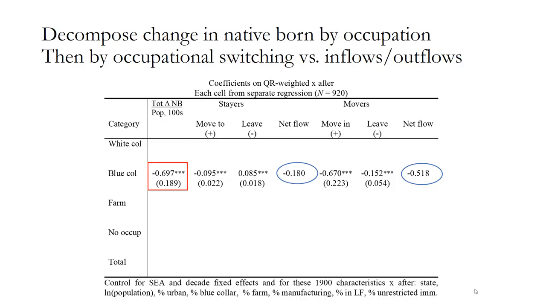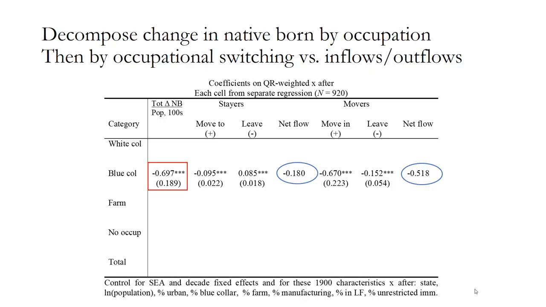So on both margins, we see that stayers are flowing away from blue-collar work, and on net, we get the number here just by adding these two coefficients. Now, finally, we look at the movers, and we see that there are far fewer people moving in who take blue-collar positions, and then the one coefficient that goes in the other direction are these leavers. We actually see some of the existing blue-collar workers leaving the area after the policy.